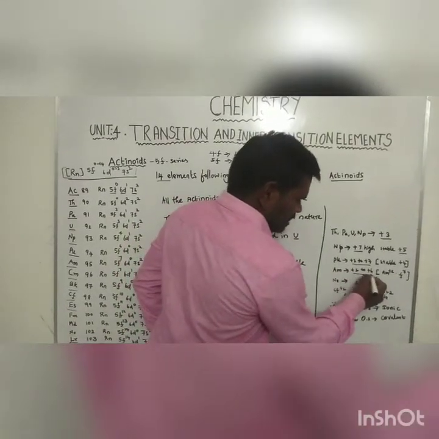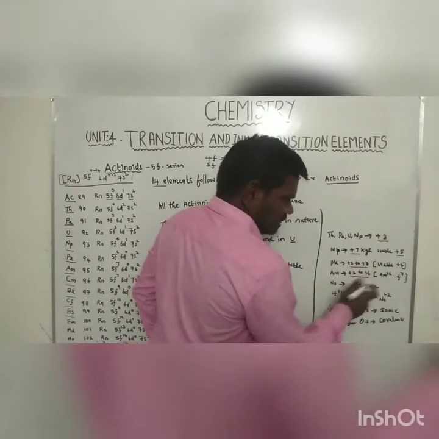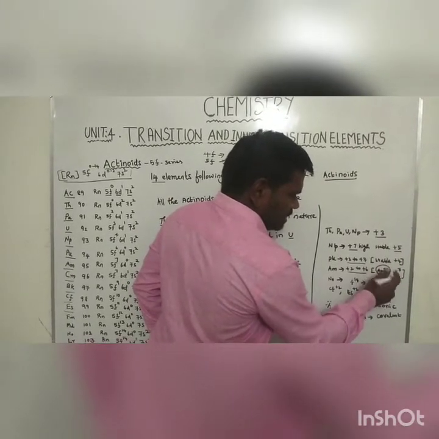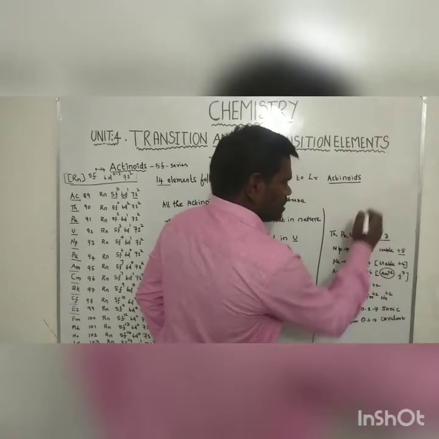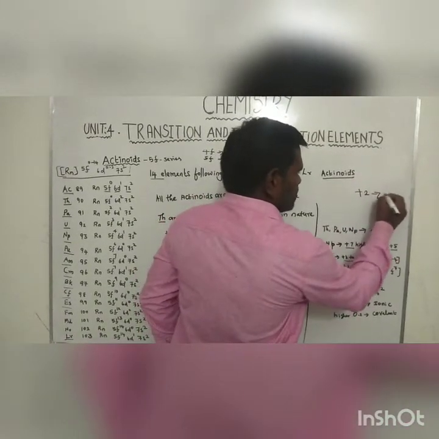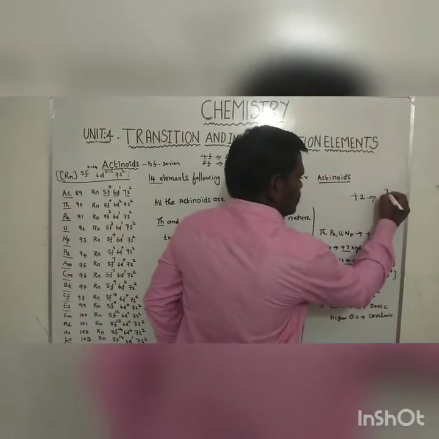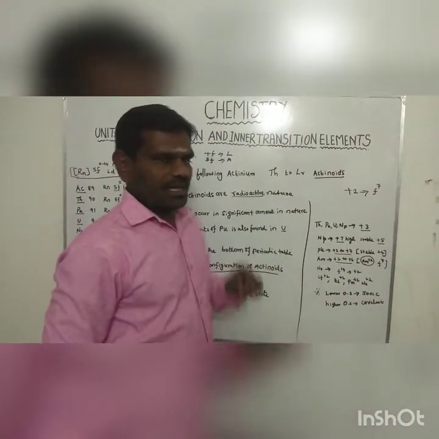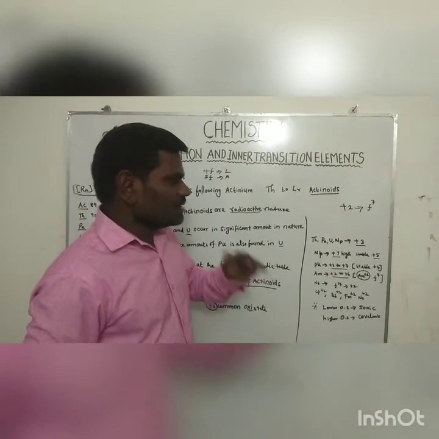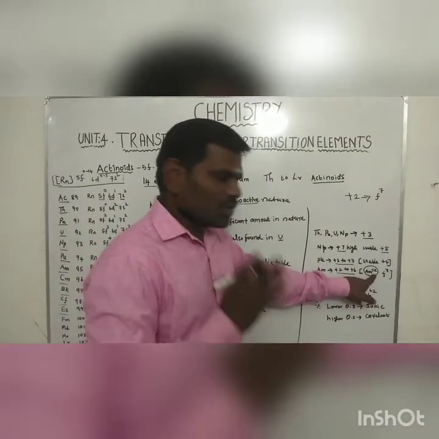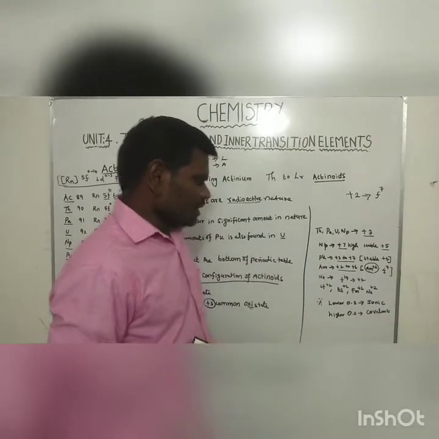Americium exhibits +2 to +6, but the stable oxidation state for americium is +2, because it has a half-filled stable electronic configuration: the f orbital has 7 electrons, which is half-filled and stable.